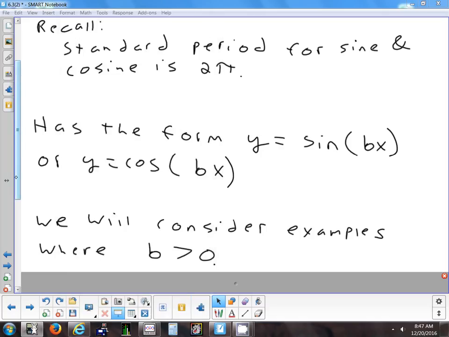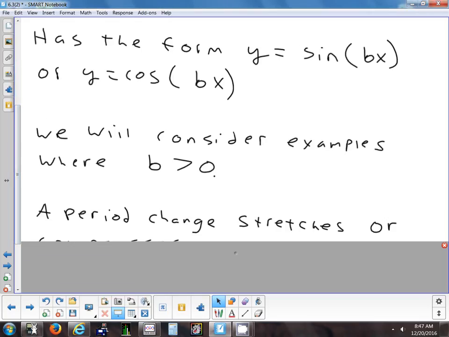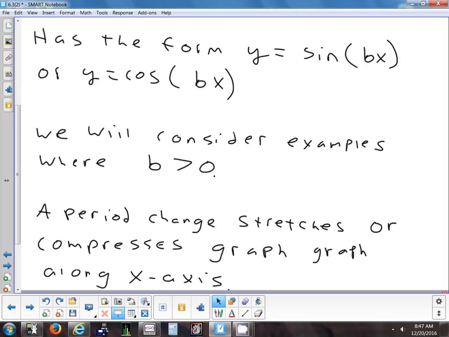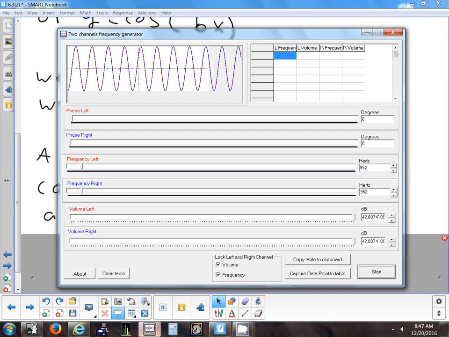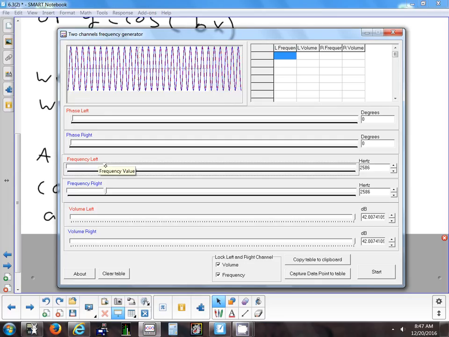We're only going to look at examples where b is greater than 0. If b were less than 0, you could do a reflection, but this time it wouldn't be over the x-axis, it would be over the y-axis. So a period change is going to stretch or compress your graph along the x-axis. Looking at it in a more interactive way, it does something like this.